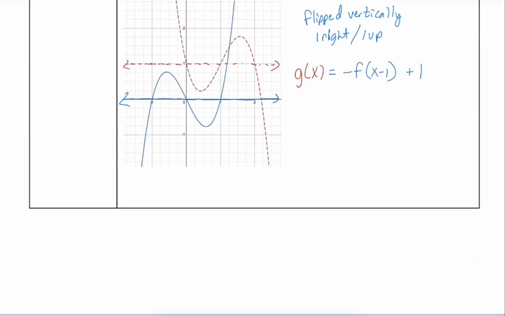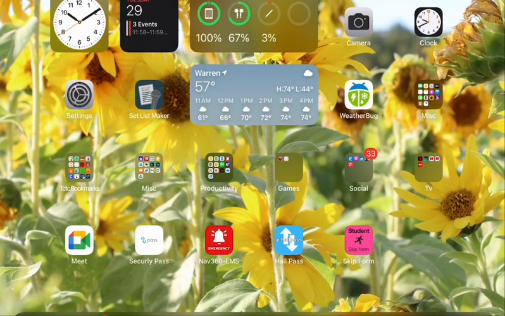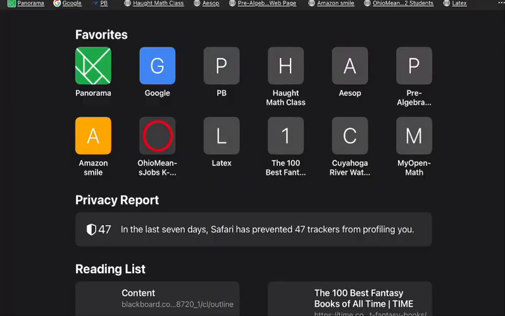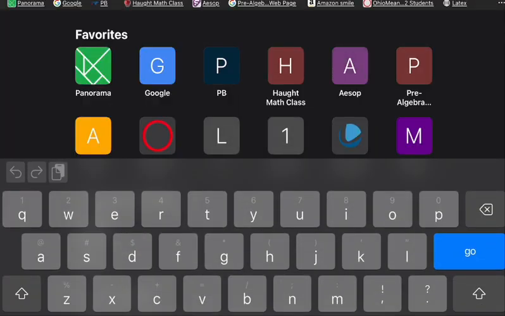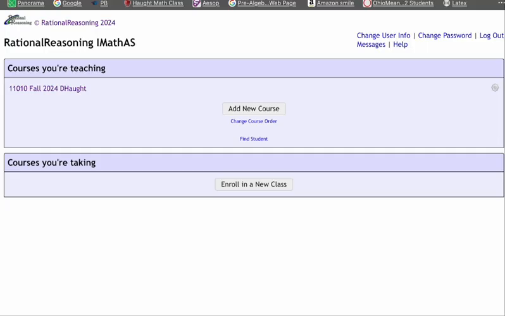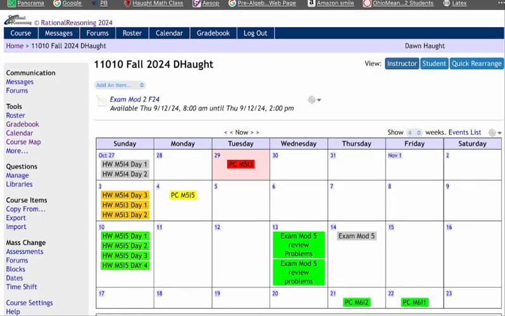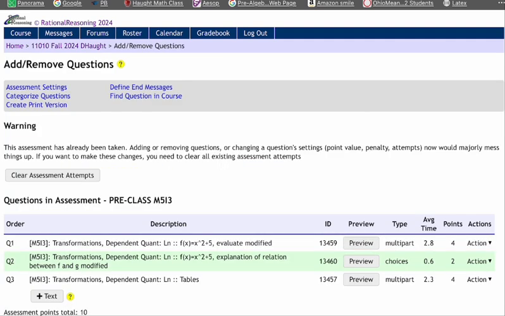This is now done. Please turn this in. And then if you could please go into iMath. So you'll notice on today's calendar is PC M53. At this time, could you please open that up? We're going to do that together.